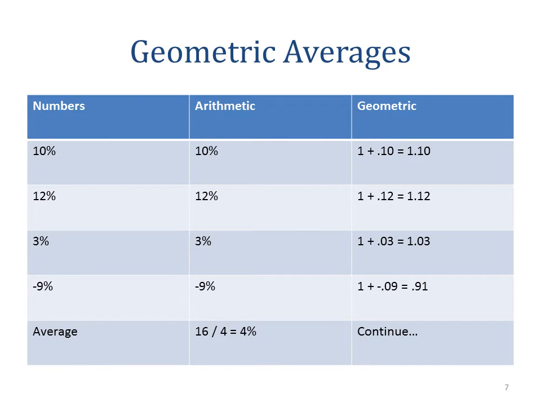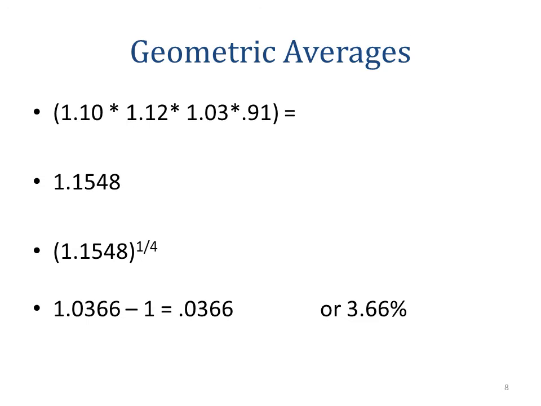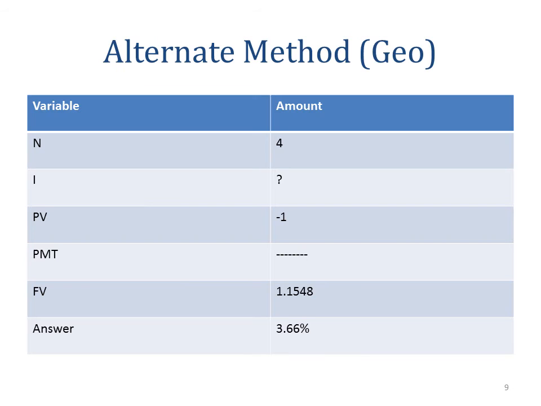This is growing at, the average return is 4%. We want to see what the average is that we received by multiplying everything together. Okay, so that's the ending number. We start at -1.